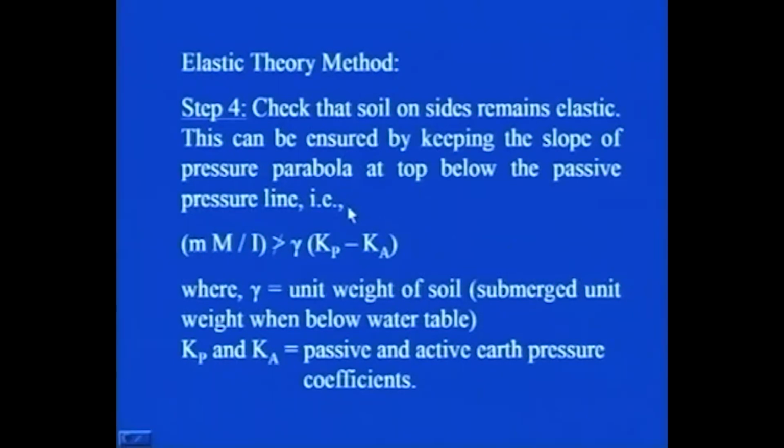Now step 4 is that you have to check that the soil on sides remains elastic. This can be ensured by keeping the slope of pressure parabola at top below the passive pressure line.